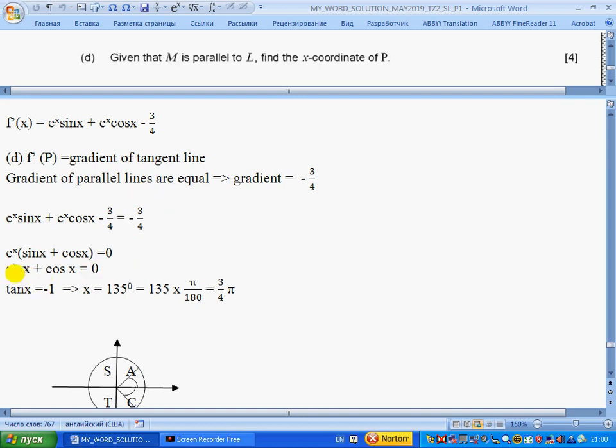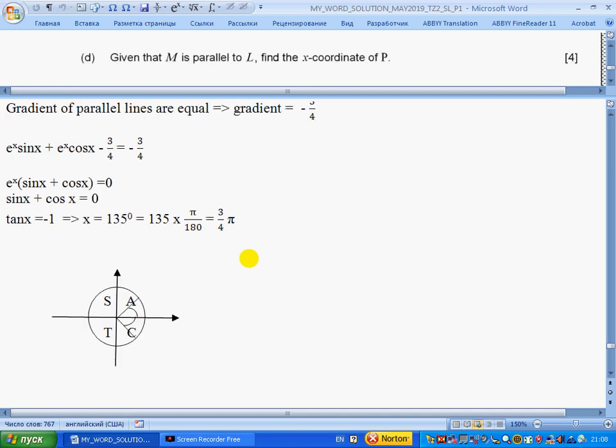We can rewrite, so e to the x cannot be equal to 0. It means that sine plus cosine equals 0, so tangent equals minus 1.